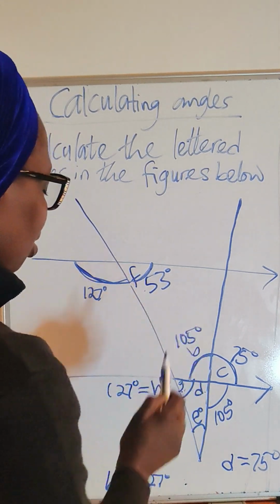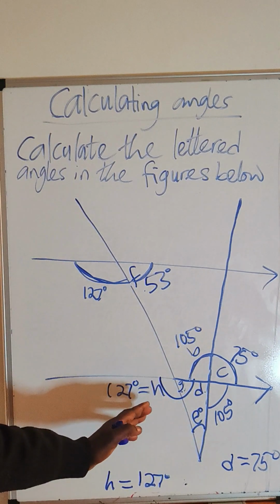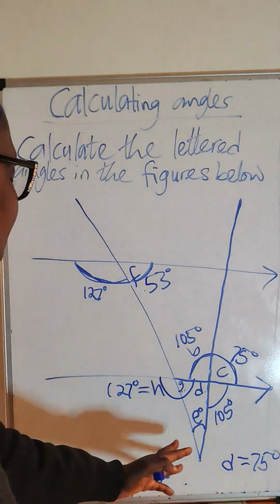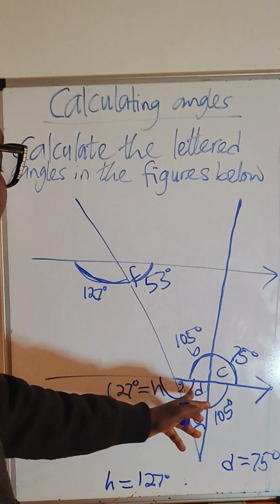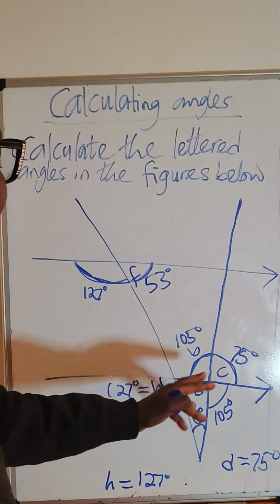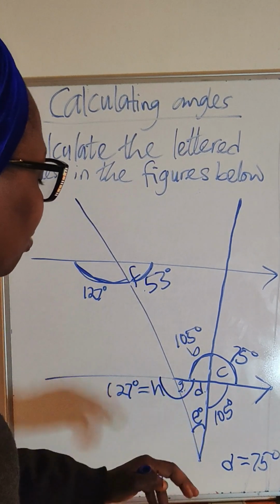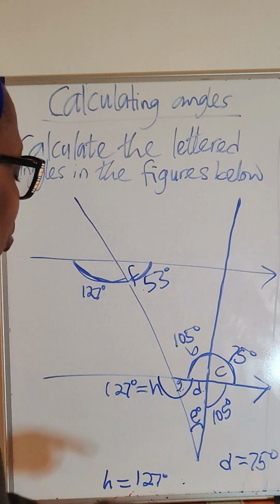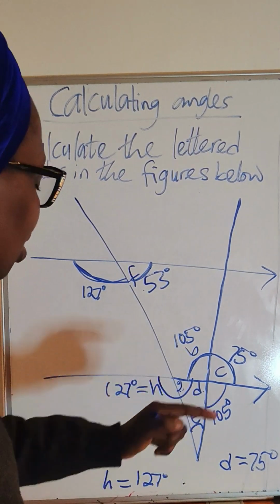We've gotten G. We're left with E. So what we do is we write G plus D plus E is equal to 180 degrees. We know what G and D are. G is 53 degrees. D is 75 degrees. Add it together, subtract from 180, whatever we get is E.